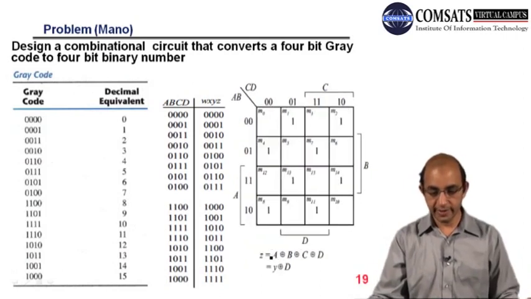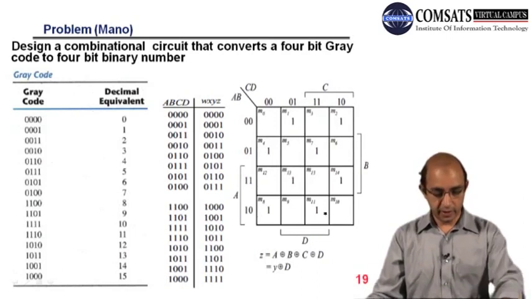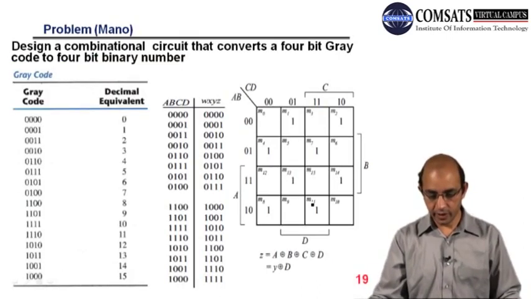Now move to the Z. For Z you can see we have adjacent pairs, so we can use McCluskey method over here.